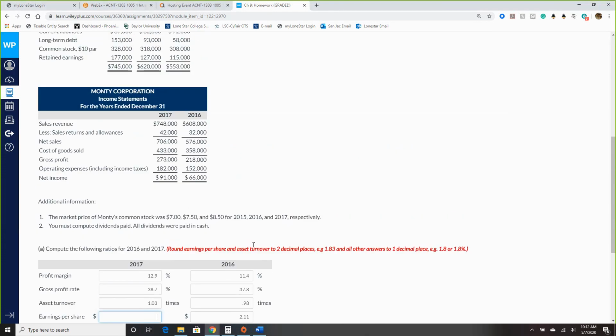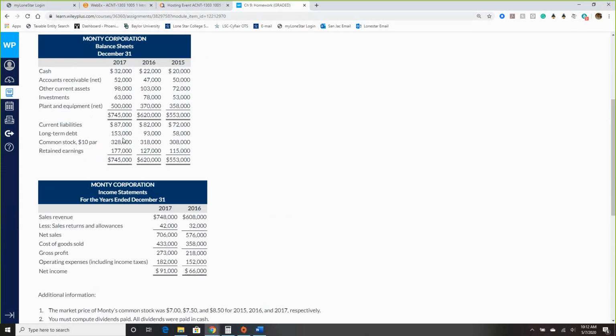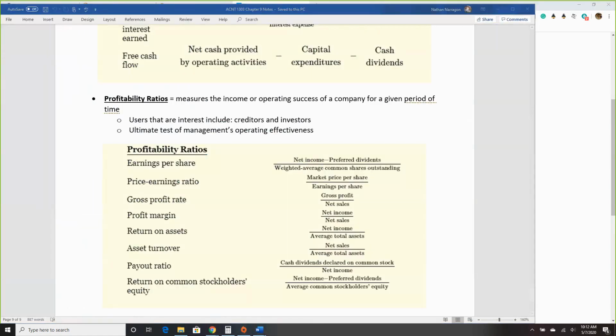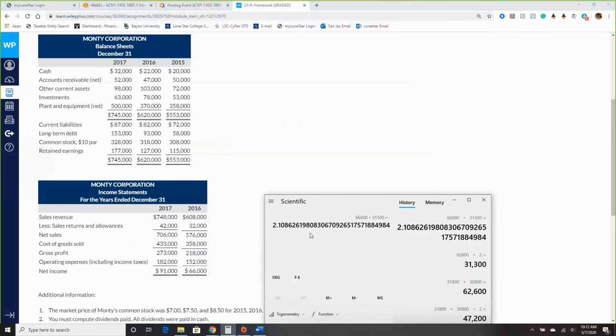Alright, 17. Again, we're going to do the same thing. We already know 16. So 16 was again 31,800 in outstanding stock.